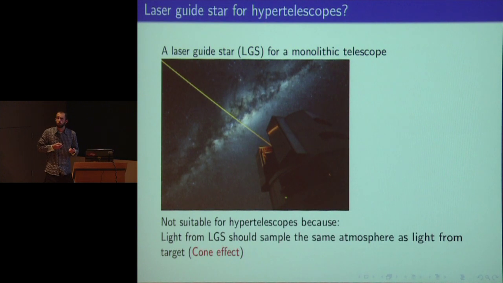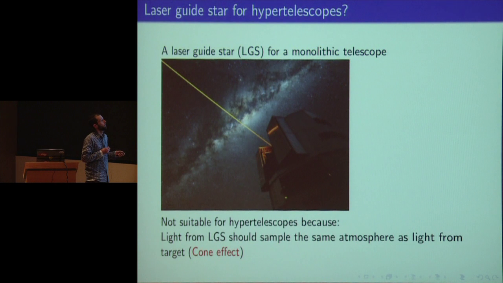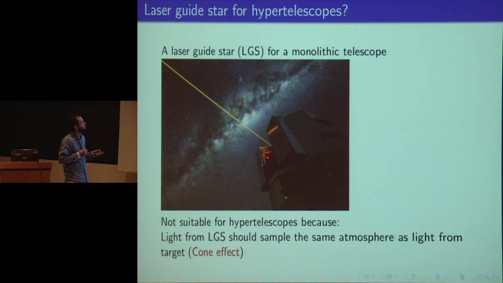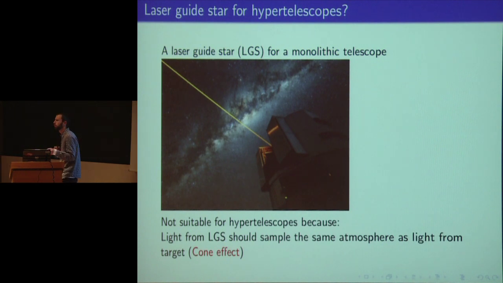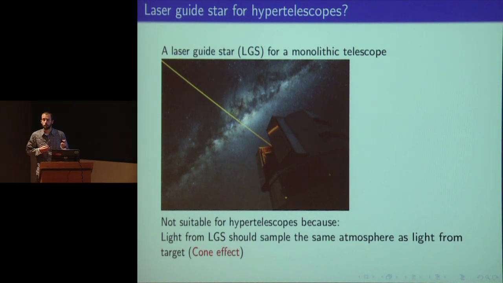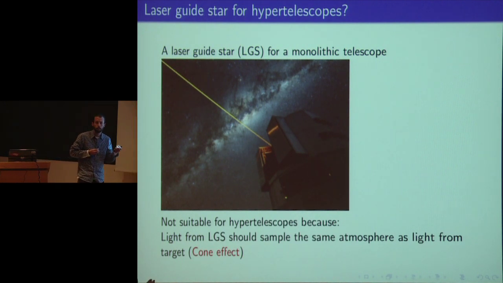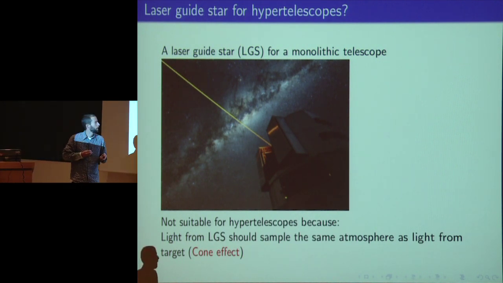Now in conventional monolithic apertures, a powerful laser is pointed at the sky, and at 92 kilometers of altitude you have the sodium layer, which is excited, and light is re-emitted incoherently. That is, you have a point source in the sky.